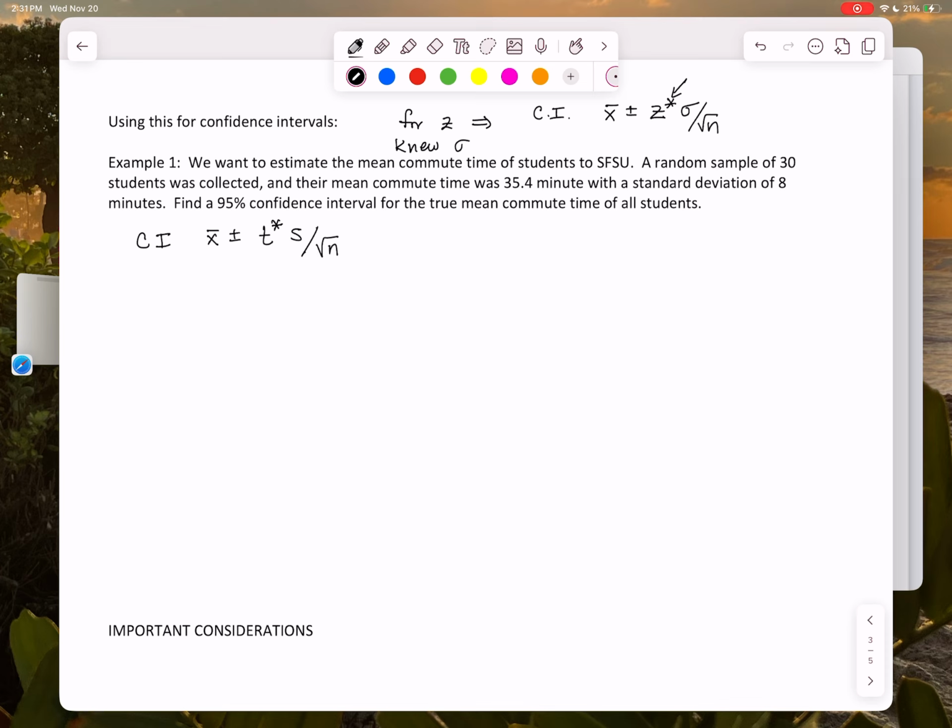So here we go. It's just like what we did in 7.1 and 7.2, but now we're using a T distribution instead of a Z, and a sample standard deviation, S, instead of a population standard deviation, sigma. So here we want to estimate the mean commute time of students to San Francisco State. We have a random sample of 30, so n is 30.